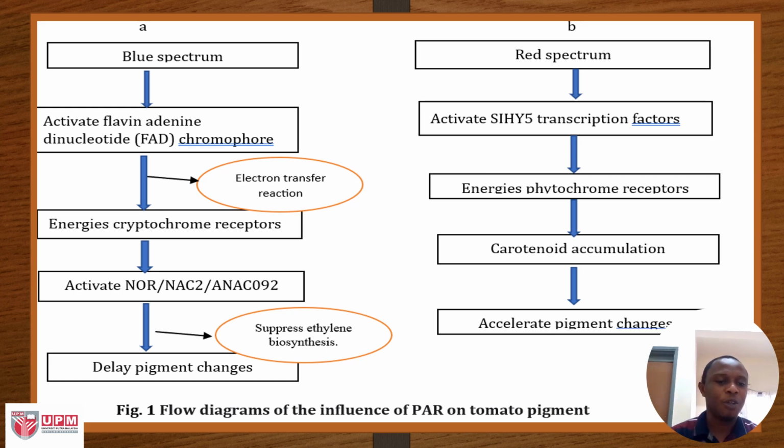The activation of the phytochrome receptor stimulates the gene for the ethylene biosynthesis pathway, which leads to increased ethylene production, resulting in increased accumulation of carotenoid, hence accelerating pigment changes.